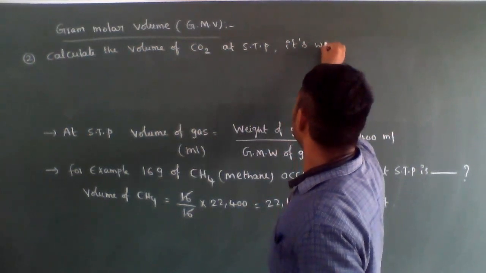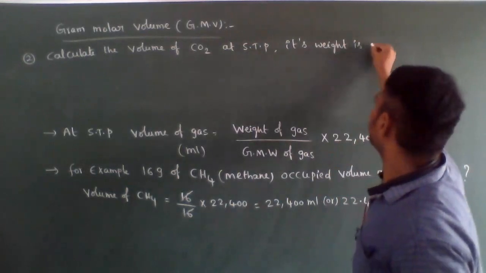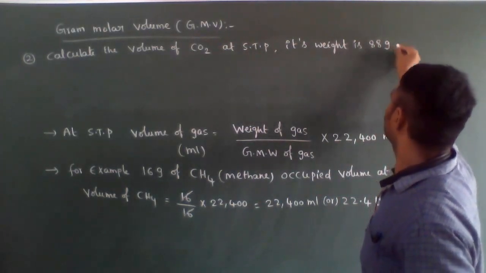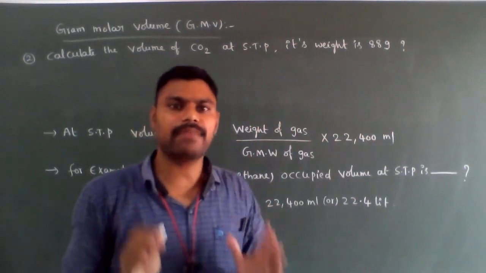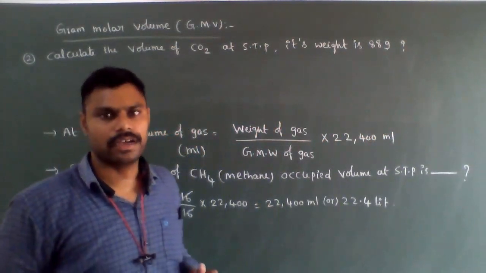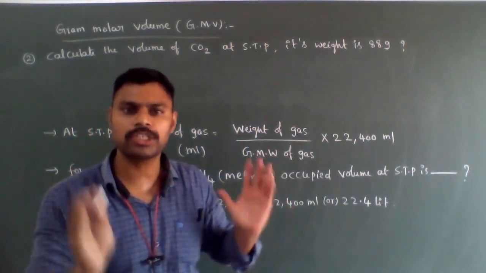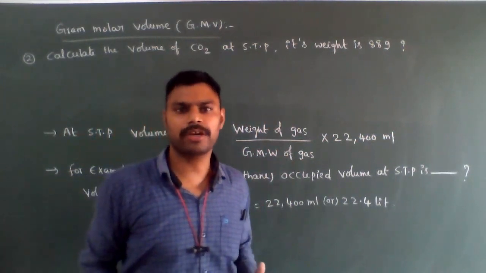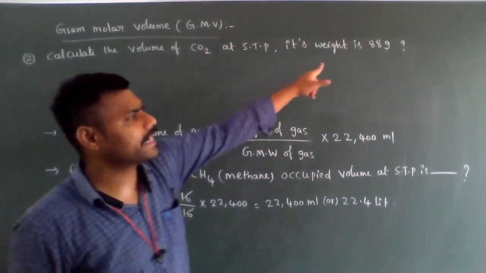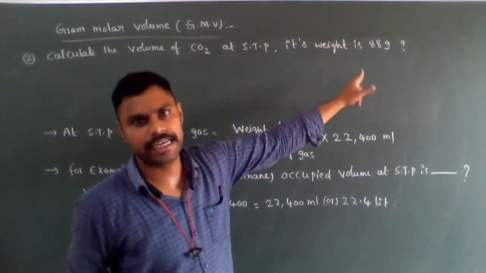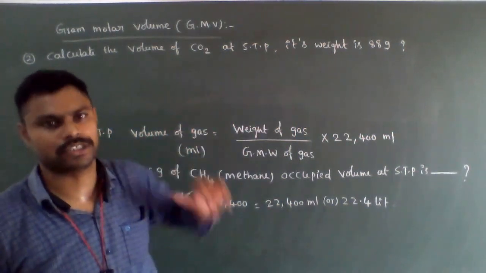Its weight is 88 grams. It means I gave you 88 grams of carbon dioxide, present at standard temperature and pressure. How much volume does it occupy? Or what is the volume of CO2 if it contains 88 grams?